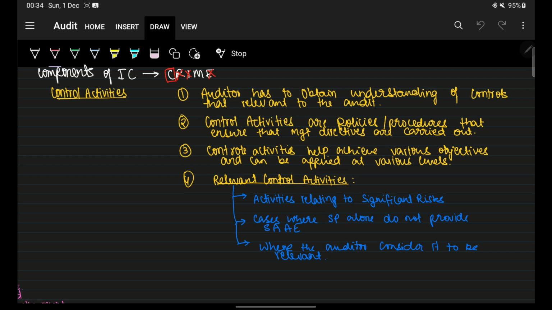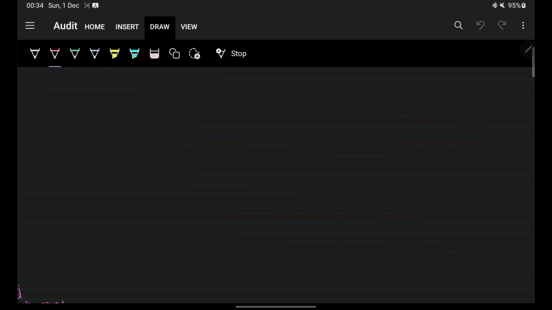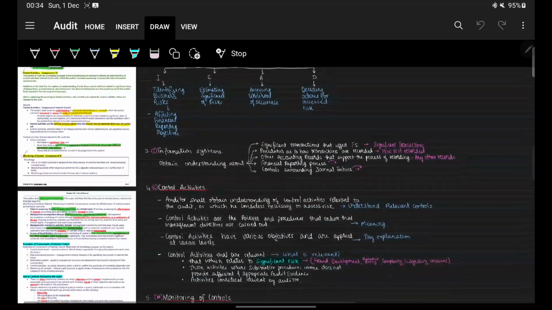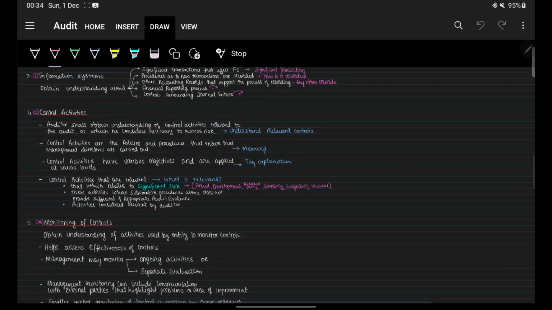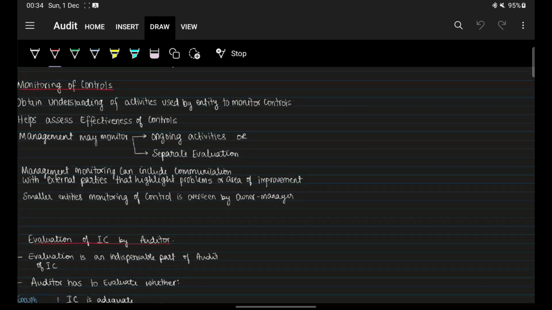So if the auditor thinks that it is relevant, then obviously they can go and check it. Okay, done. We can move on to the next point, which is M for monitoring of controls.